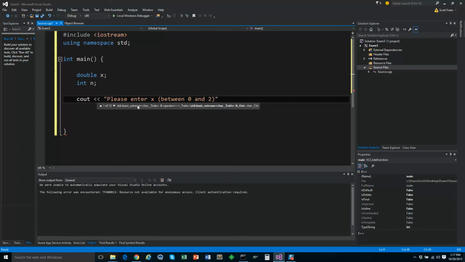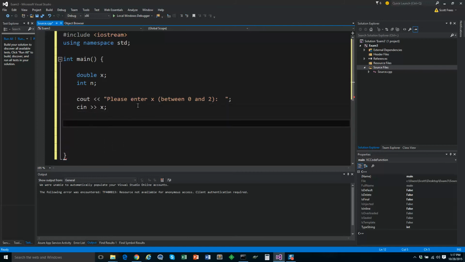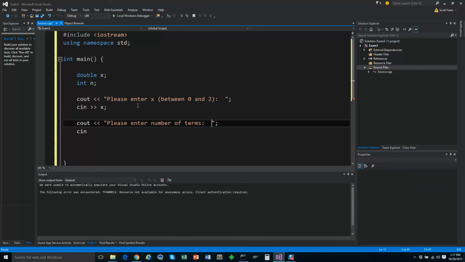Again, I won't really worry about input validation just yet, but we always want to make our prompts as accurate as possible and as specific as possible. Please enter number of terms. It should be a positive number. Maybe we can put that in.